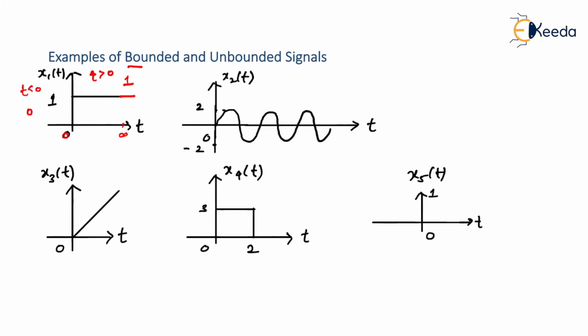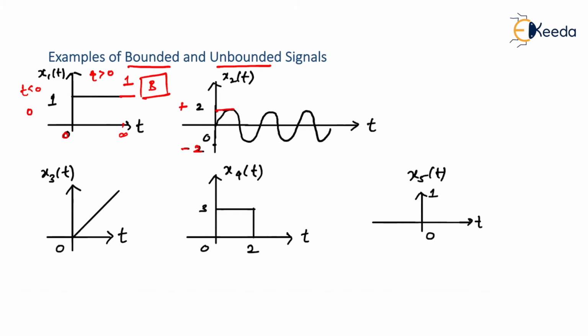So what we are going to see is bounded versus unbounded. Example number 1, that is x1(t), is in the bounded signal category. Let us look at x2(t). You can see that x2(t) is simply a sinusoidal signal where the maximum amplitude is +2 and the minimum amplitude is -2. A sine wave is varying its amplitude between +2 and -2.